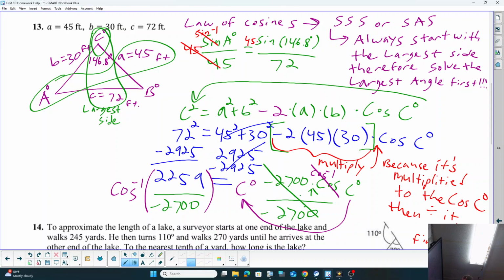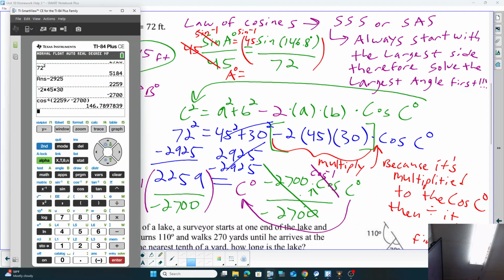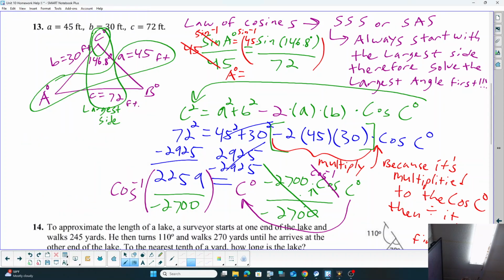So angle A is equal to the inverse sine of 45 sine 146.8 degrees, close parenthesis, divided by 72. So that is going to give us our answer to angle A using the law of sines. So we get 20.01. So angle A is going to be 20 degrees.